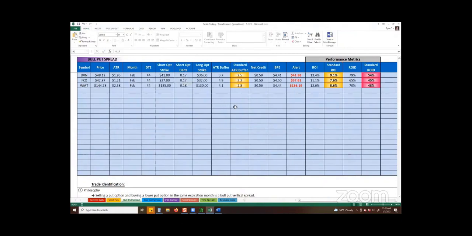You're selling the exact same delta, but on FCX, you're getting a much more significant range. I would say it's 20, 30% more range on FCX than you are on Devon. That's the difference between a successful trade and an unsuccessful trade, in my opinion. So FCX kind of stands out in those two. To me, FCX would be the winner here.